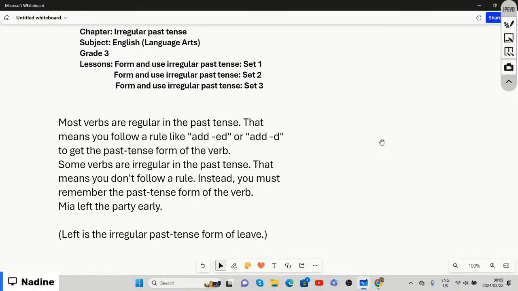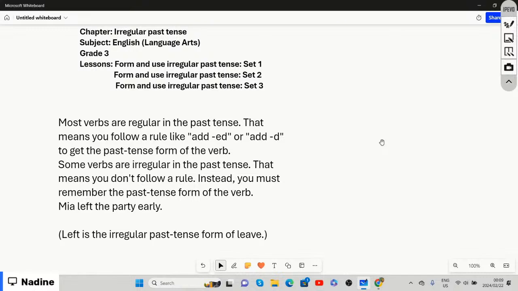But some of our verbs are irregular in the past tense, and once it's irregular, that means that you do not have to follow a rule. Instead, you're just going to have to remember the past tense form of that specific word.